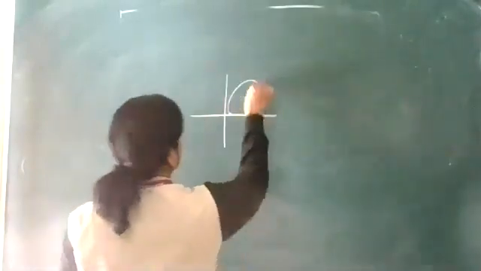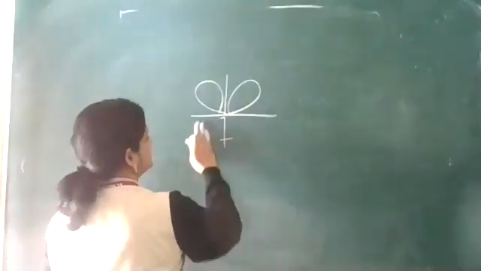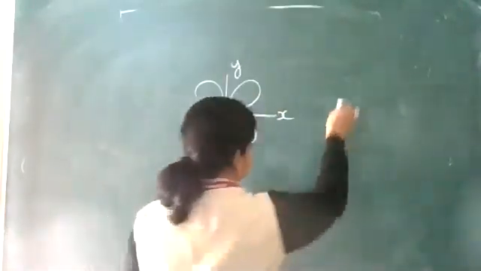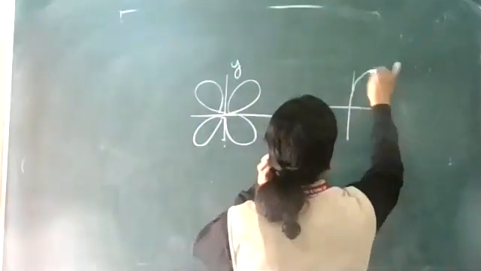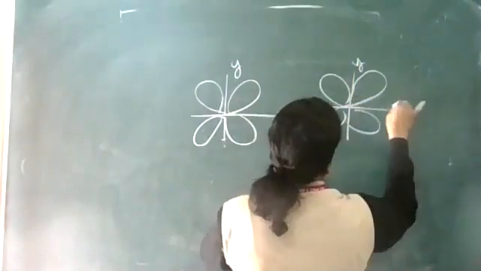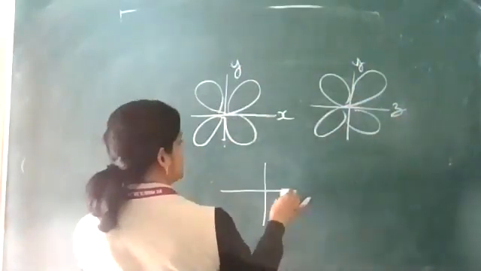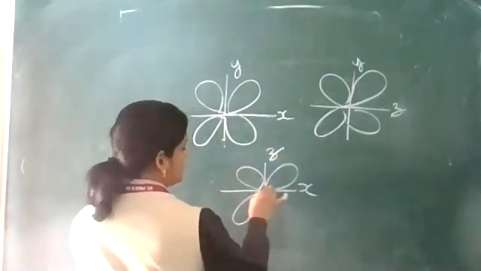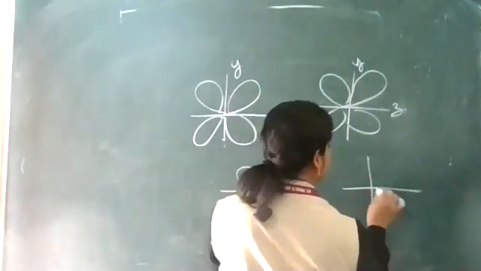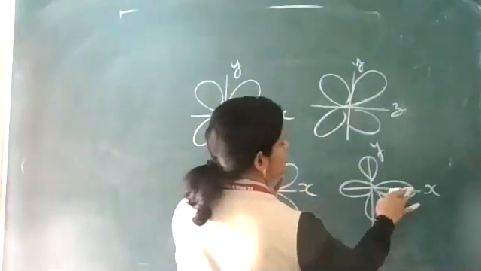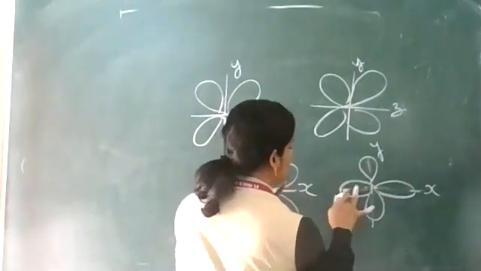The d orbitals we know are like this: 3dxy, 3dyz, 3dxz, then 3dx²-y², which is on the axis.